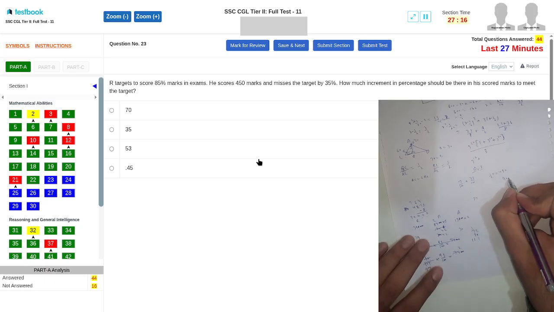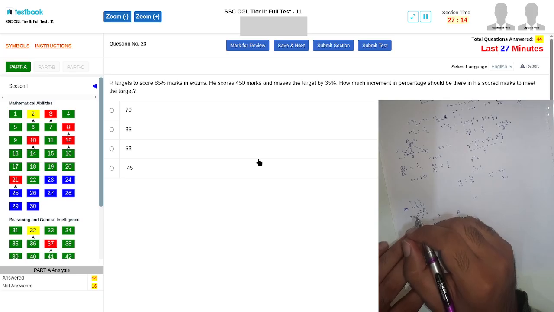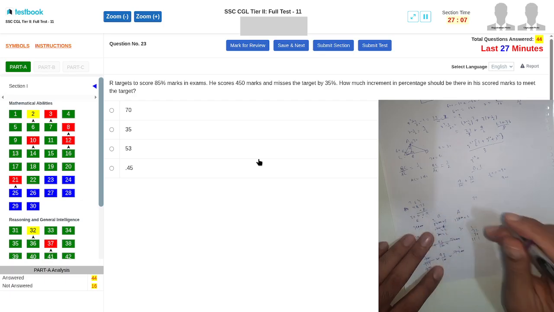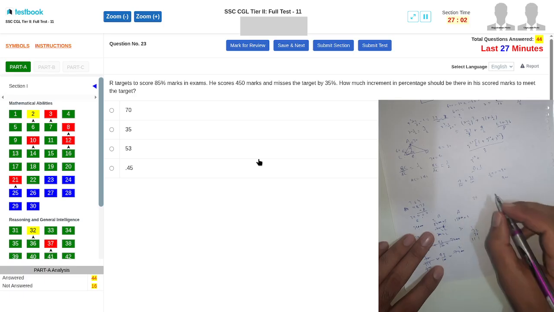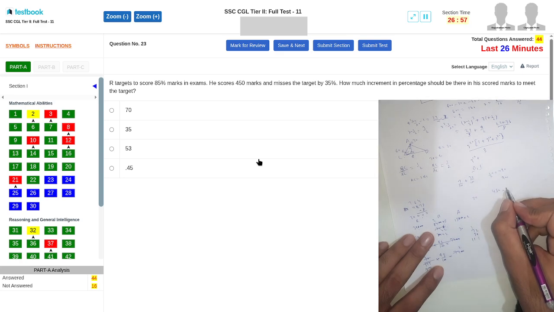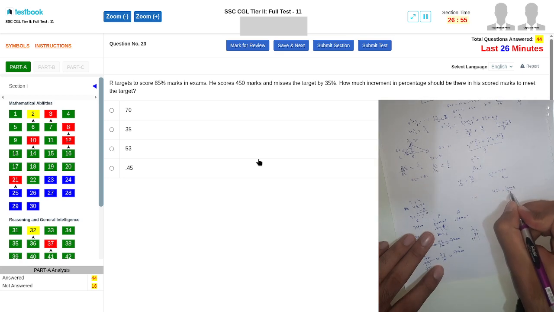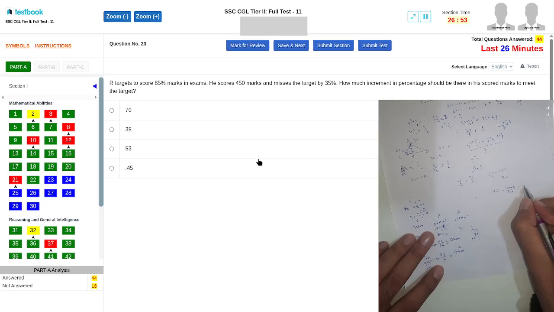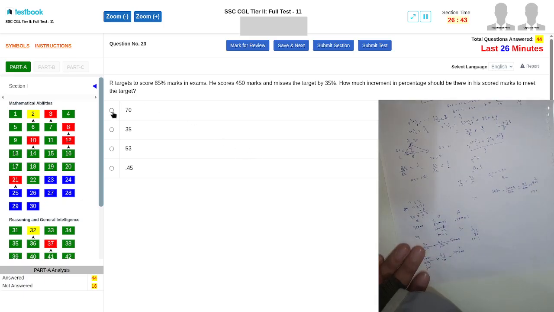Total हो जाएगा 900. How much incremental percentage should be there? plus x 100 is equals to 85 100 into 970 to 70%.